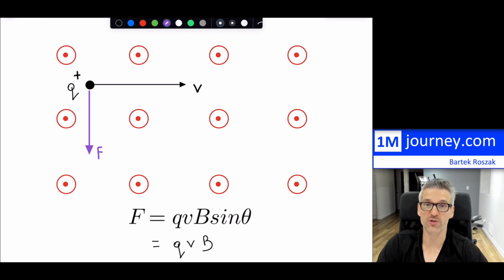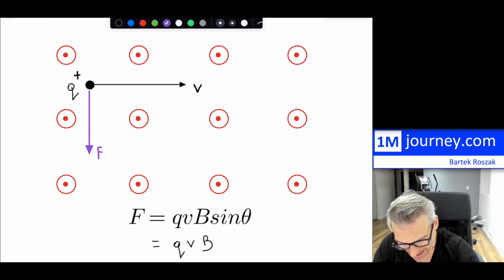But if there's a force on this particular charge, then it's going to make this shift over. So it's not going to continue in a straight line. It's actually going to start to bend. As this thing is moving, as time progresses, this force is going to try to bend this over.